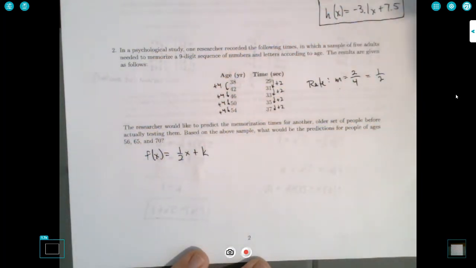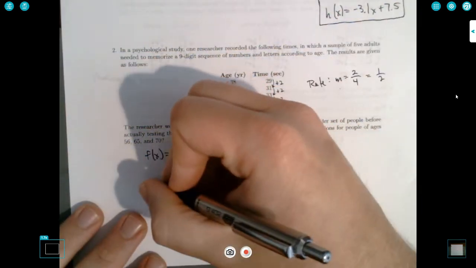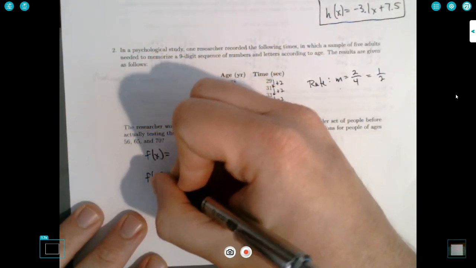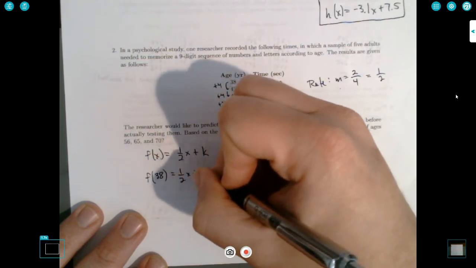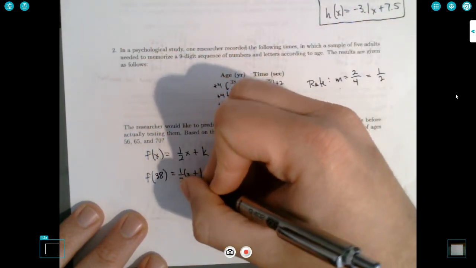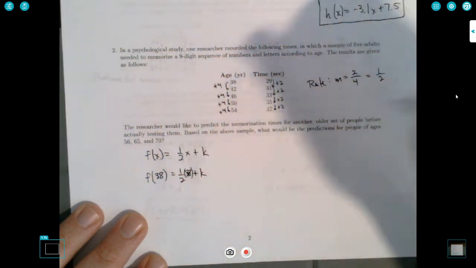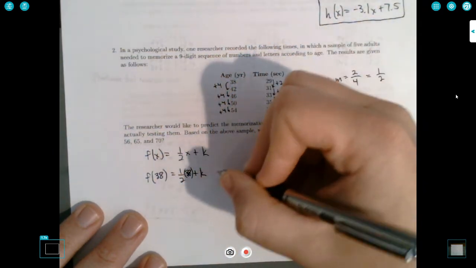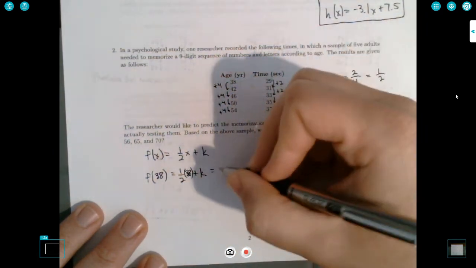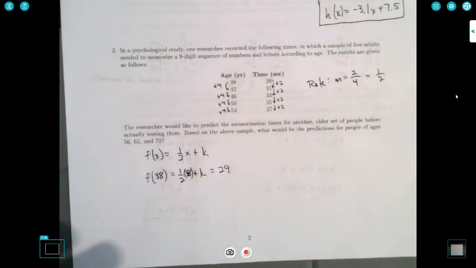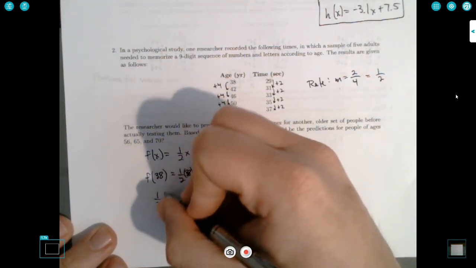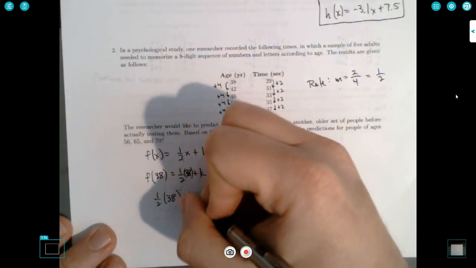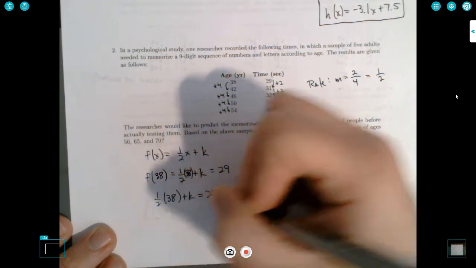And then to find that starting point, I can just use one of these things. I'm going to use the smallest one, the 38 and the 29. So I know that when my input is 38, oops, sorry, I should have a 38 here. So when the input is 38, the output should be 29. Okay, so I've got this equation, 1/2 times 38 plus k equals 29.